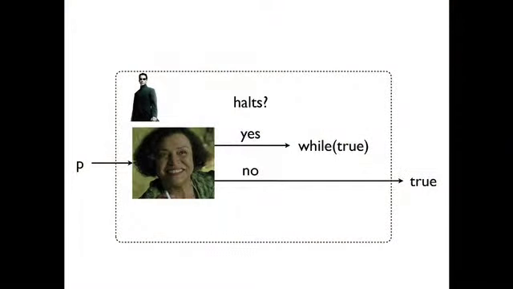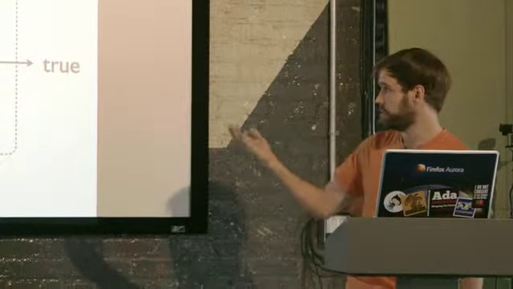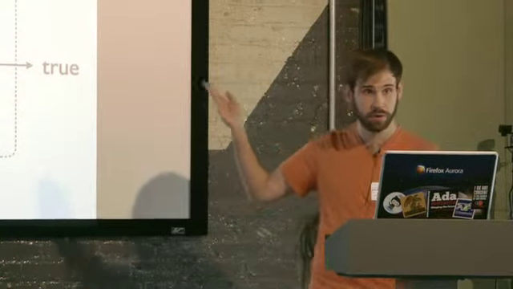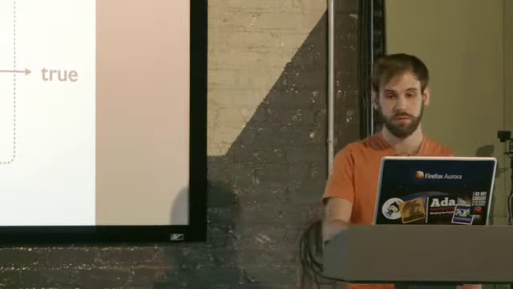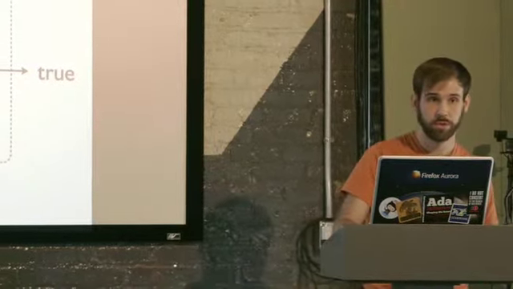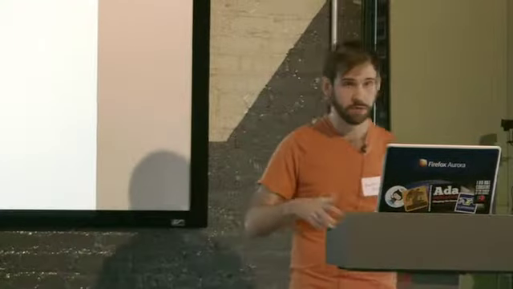So here's a block diagram of the Deceiver function. It takes input P, the oracle answers yes or no, and the Deceiver either goes into an infinite loop or it outputs true. So here's where the proof gets creative. We're going to refer the Deceiver to himself. At this point you might be getting a little confused, that's okay. But there are two cases that the Deceiver can go into.